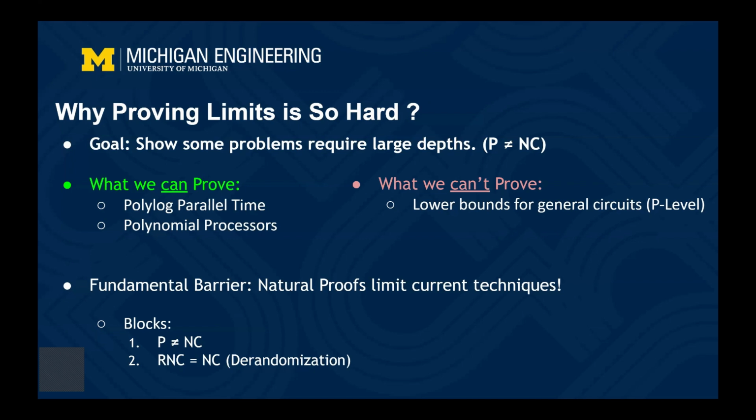There is also a broader barrier from natural proofs, which suggests that many standard looking lower bound techniques are unlikely to resolve these stronger questions if common cryptographic assumptions hold. So the field faces two major linked difficulties. Proving strong circuit lower bounds is hard, and understanding whether randomness can be removed from parallel algorithms is also hard.